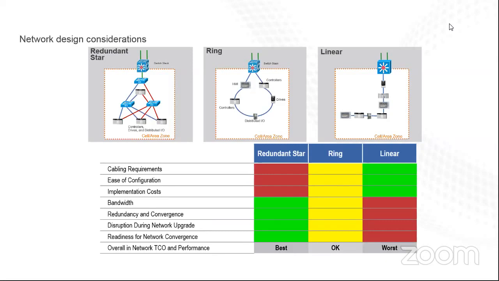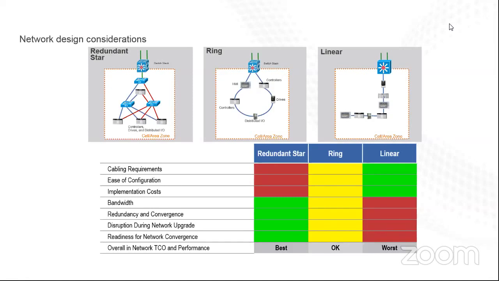So I will try to spend a little bit of time with some background on understanding its use cases and why it's needed, and some examples. I know we've got a lot of folks out there using DLR today. So focusing on redundant star, as you can see from the three diagrams, visually it is more complicated.